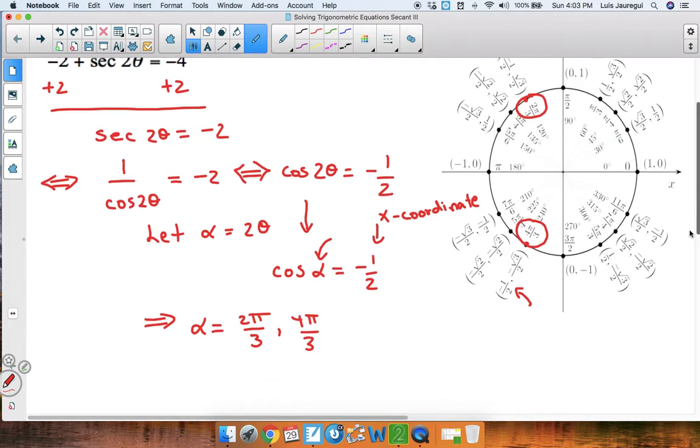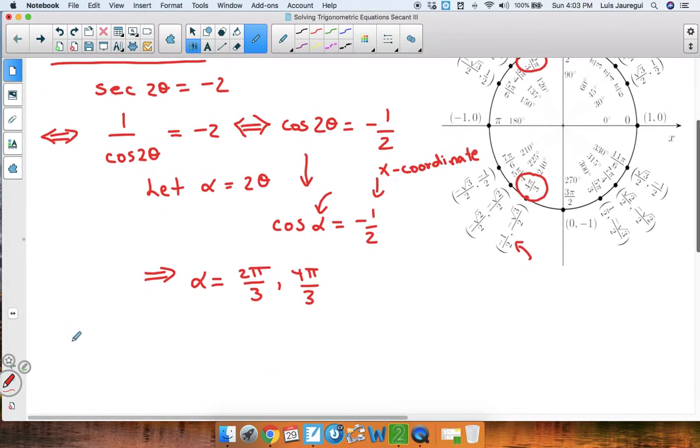Now we need to solve for theta using these values for alpha. Using the first alpha value, 2 pi over 3, we want to solve for theta. Keep in mind that alpha was defined to be 2 times theta. So we have 2 times theta is equal to 2 pi over 3.